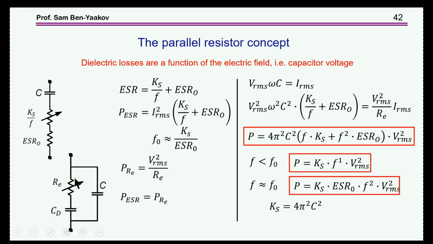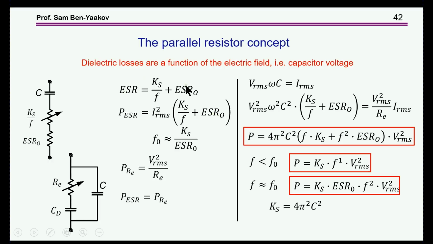And then by comparing the losses of this to the losses of this, I can come up with an equation that describes the losses related to this resistor, in which ESR is embedded because I'm using the function that I've just described before.